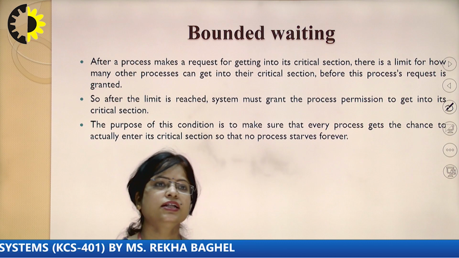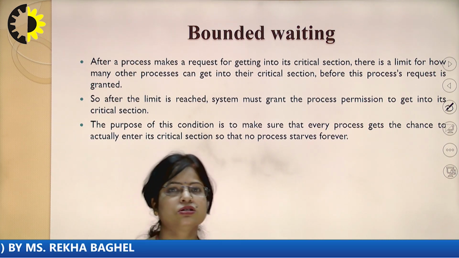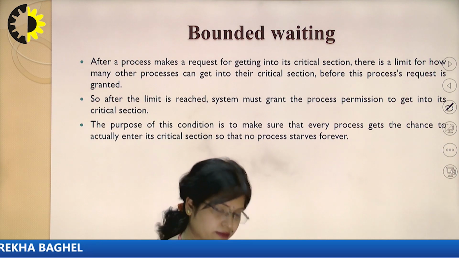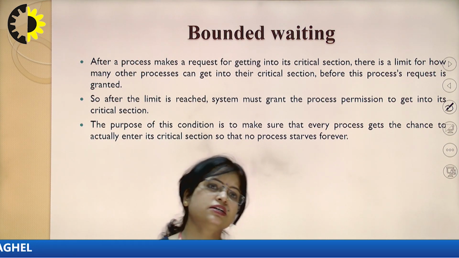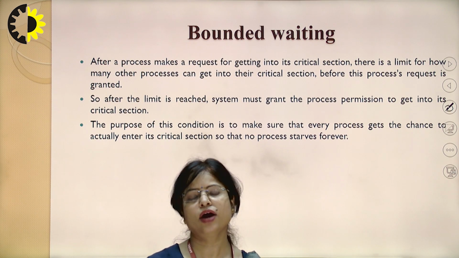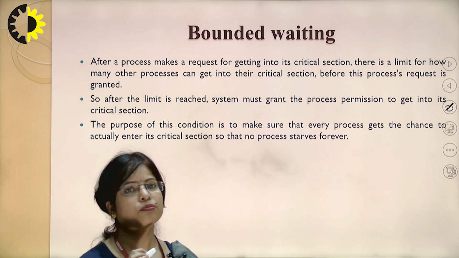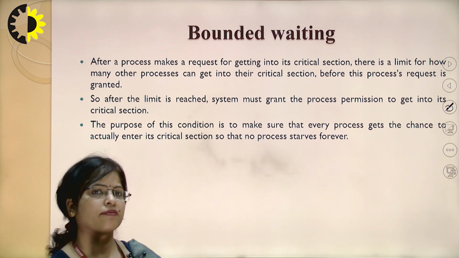After the limit is reached, the system must grant the process permission to enter. The purpose of this condition is to make sure that every process gets the chance to actually enter the critical section, so that no process starves forever.